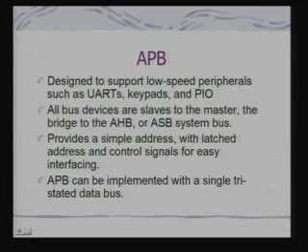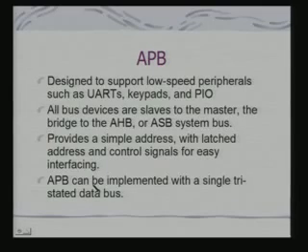If you remember, I said the basic definition of a bridge is a slave in the high speed bus and master for the low speed bus. So here all devices are slaves to the master, the bridge to the AHB or ASB system bus. It provides a simple address with latched address and control signals for easy interfacing.